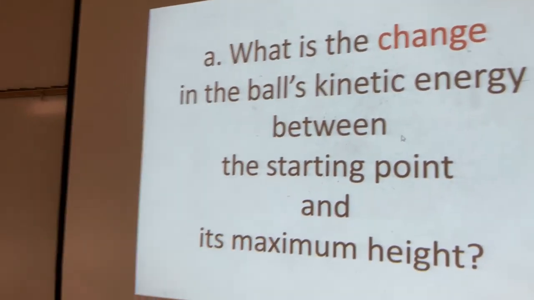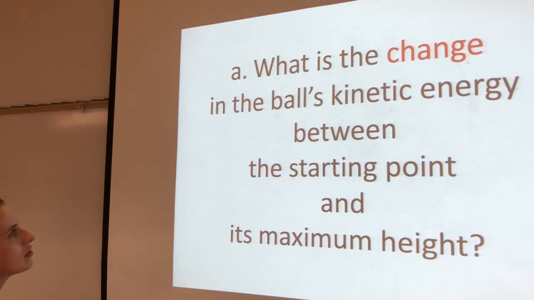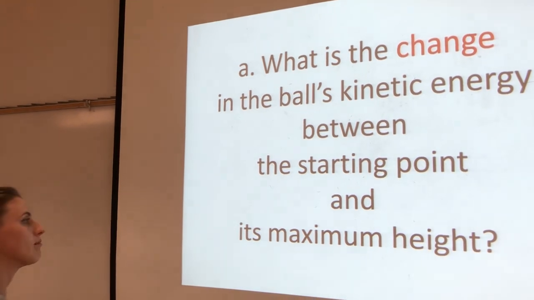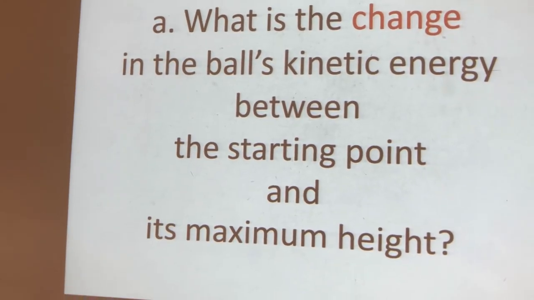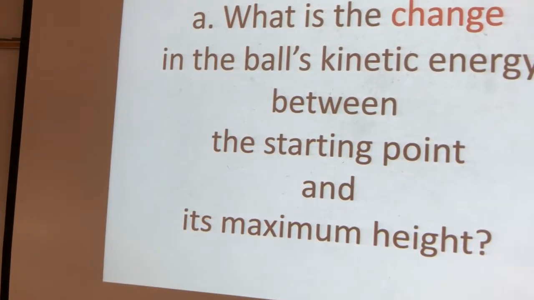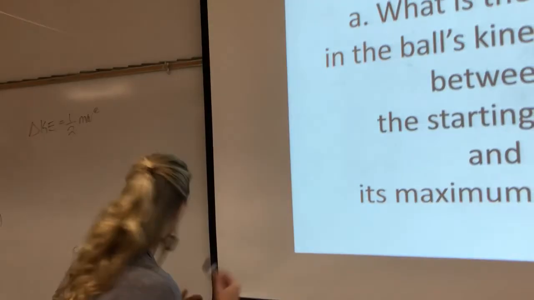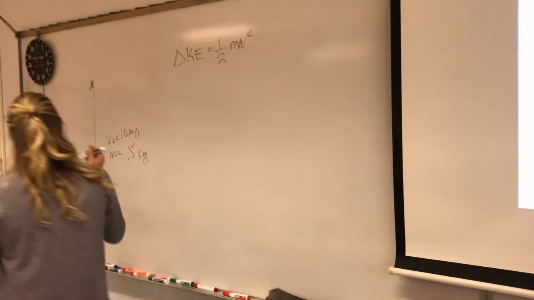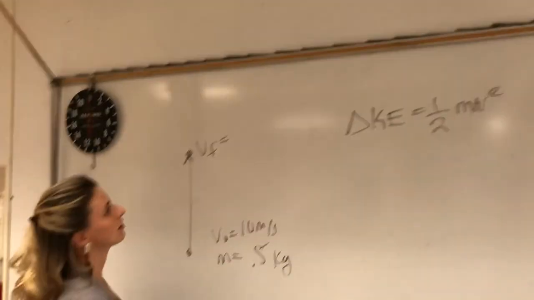So A, what is the change in the ball's kinetic energy between the starting point and the maximum height? Okay, wait. So change in kinetic energy. We have an equation for this. Well, what happens to the velocity at the maximum height? At the very top, what is my final velocity?